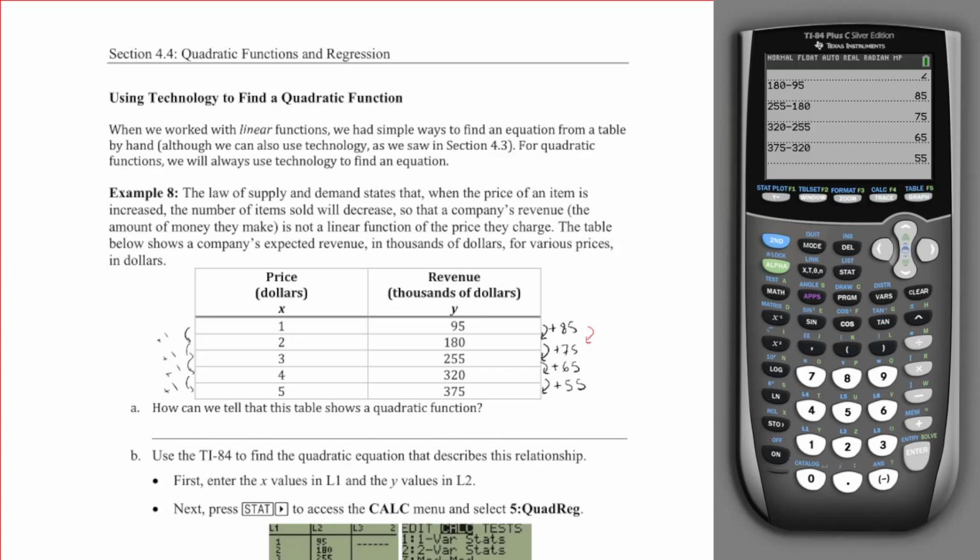Okay, we see that each time the amount we add goes down by 10. So we see that the change in the change in y is constant.